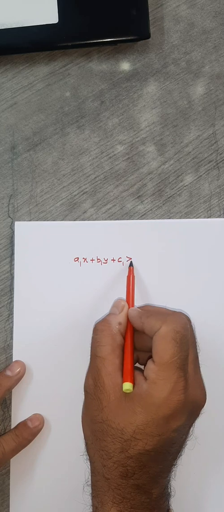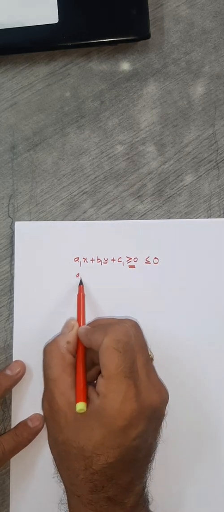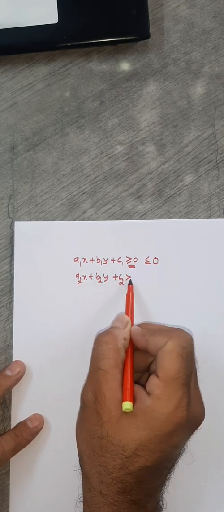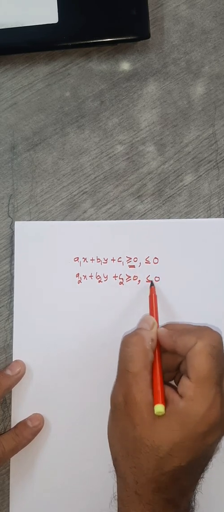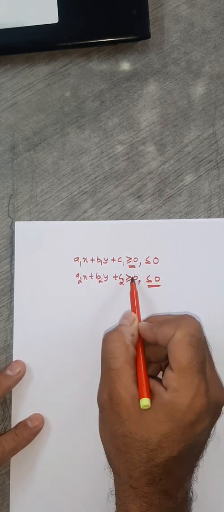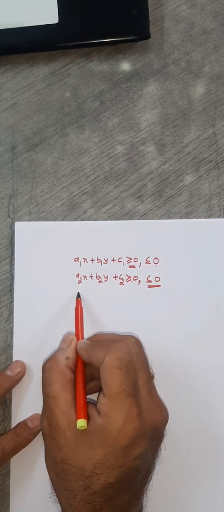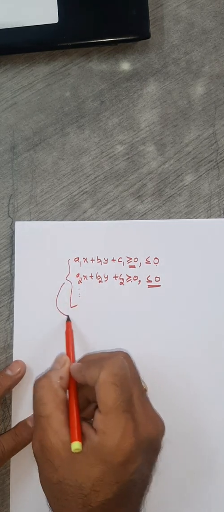For example, this is greater than or equal to 0, or it may be less than or equal to 0. Then a2x plus b2y plus c2, it may be greater than or equal to 0 or less than or equal to 0. It may be this or this or this, remember, and so on. You may have a number of conditions. So the above objective function is under these conditions.